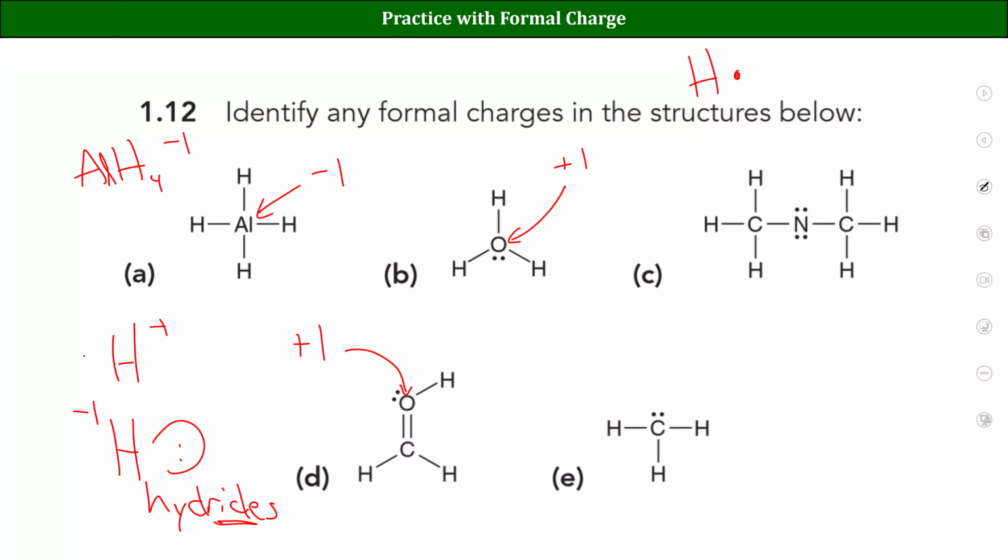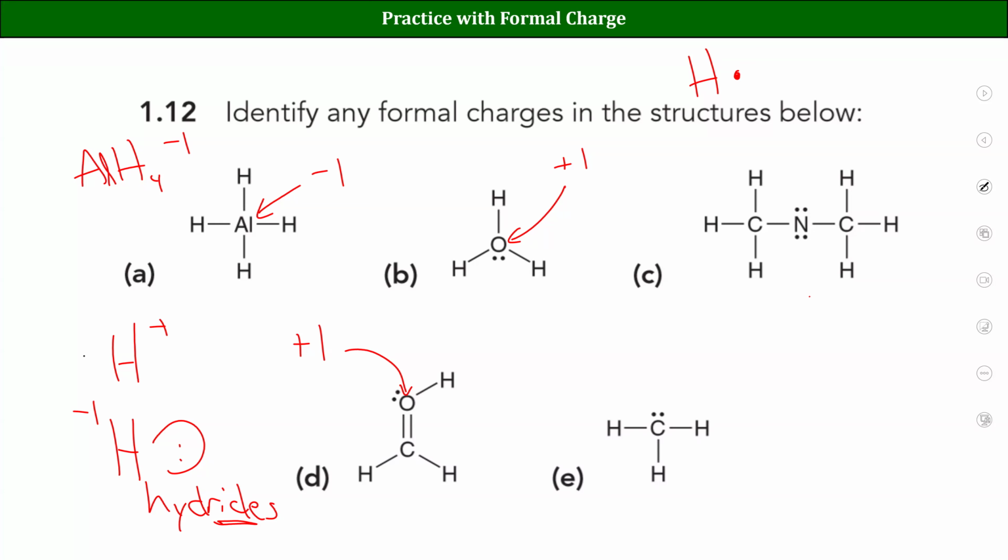How about C? The carbons have a charge? No. Both have 4 bonds, right? So they're neutral. Hydrogens are all good too. The nitrogen, -1. When it's neutral, it's got 3 bonds, right? So it's got 1 bond less than normal, so it has extra electrons.